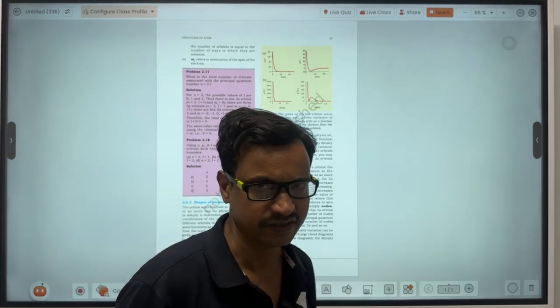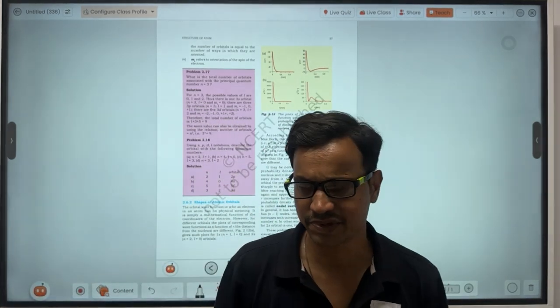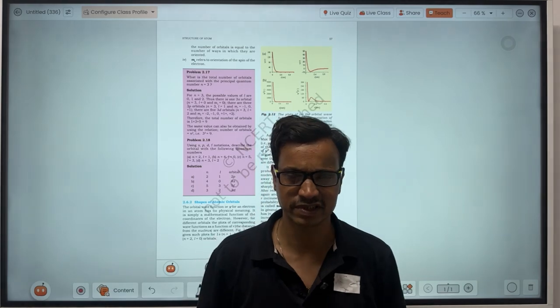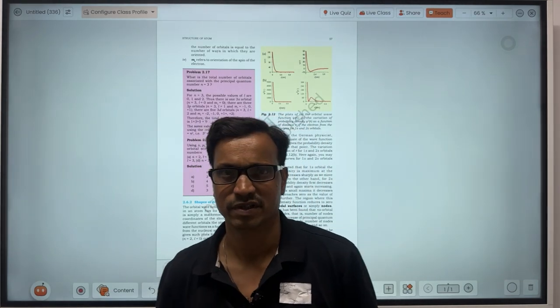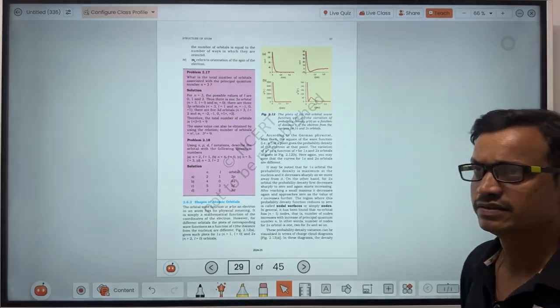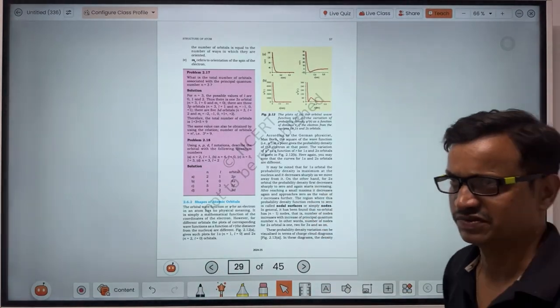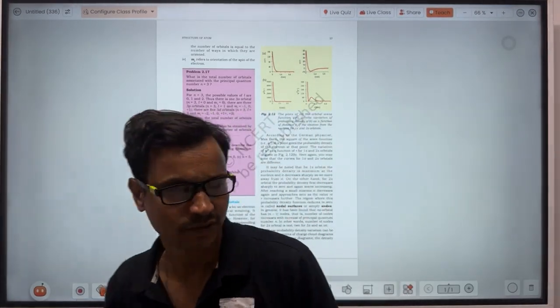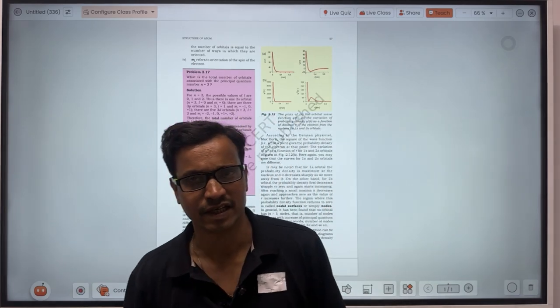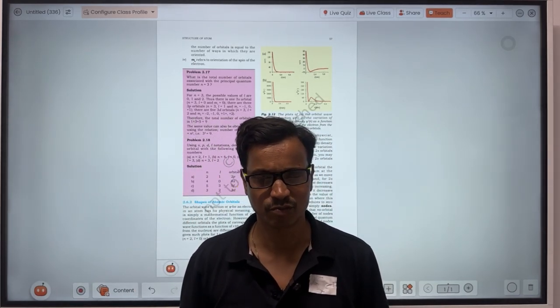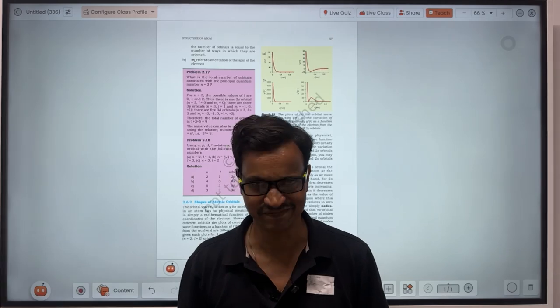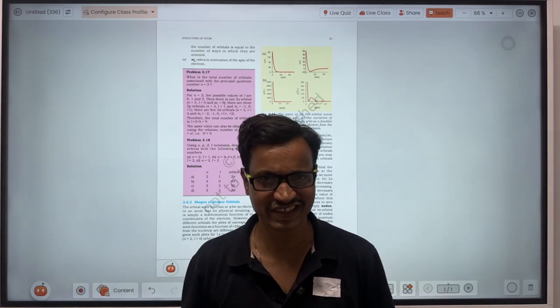That's why we will also discuss Schrödinger's wave equation, with more provided in the NCERT book. So that's all for this class. In the next class, we will discuss the quantum mechanical model of atom.